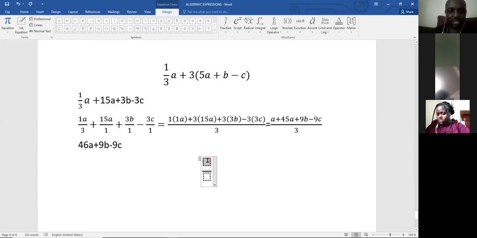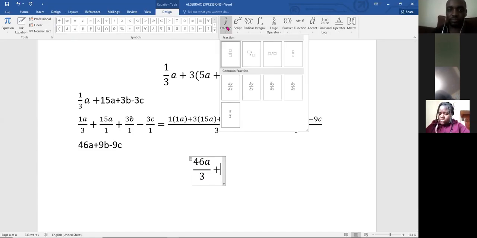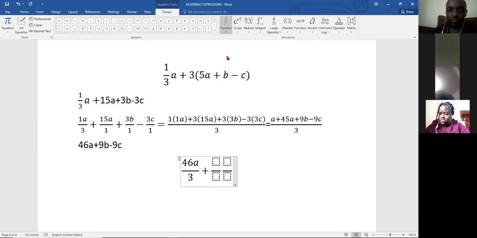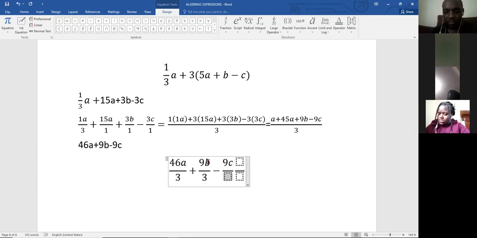For the 46a over 3, plus 9b over 3, then minus 9c over 3. And you can simplify. For example, 9 over 3, you know it is 3.